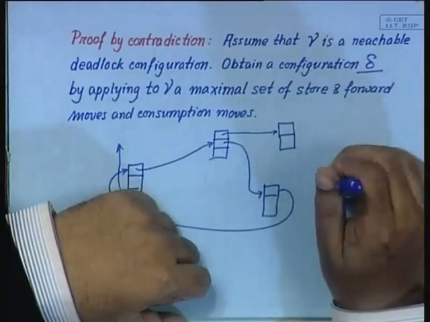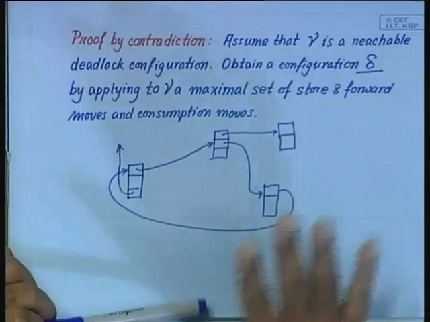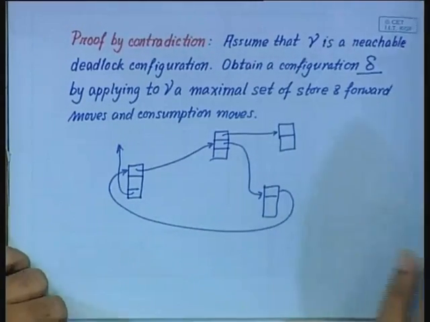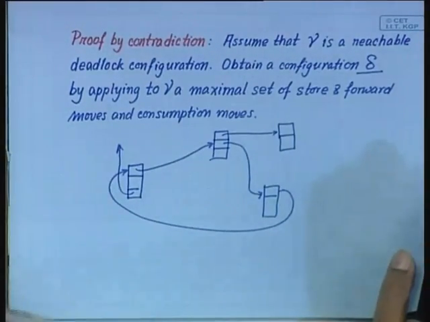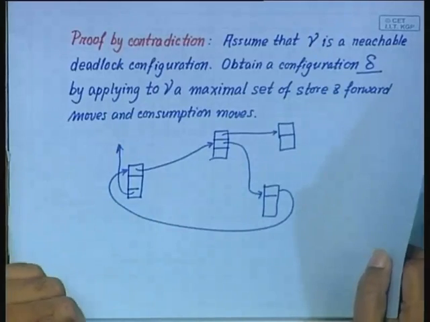Now is it understood what is the configuration delta? A configuration where no further packets can move, whichever packets are there, they are all locked. But we are guaranteed that at least one packet is there in the locked state, because there was a deadlock in gamma and that deadlock could not have gone away.